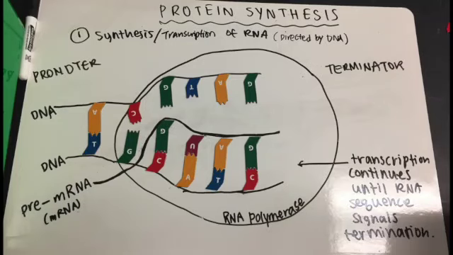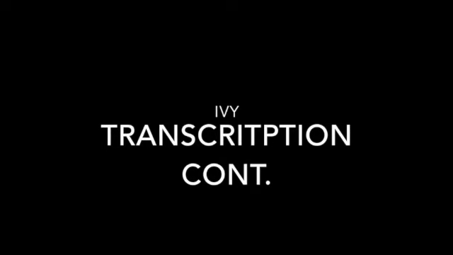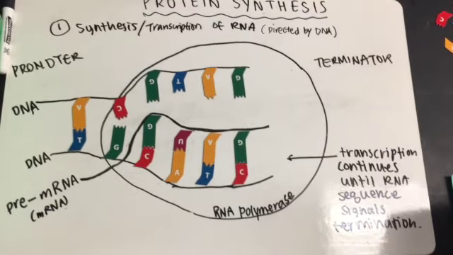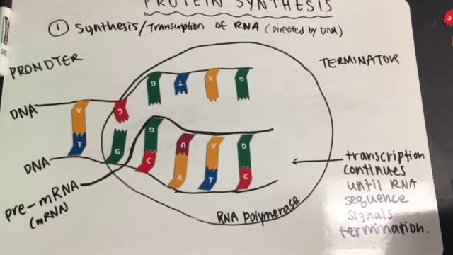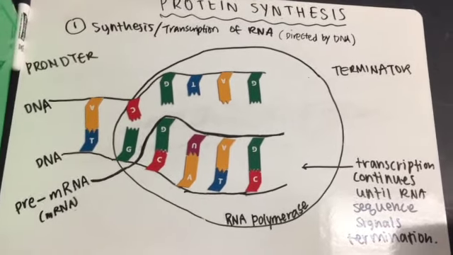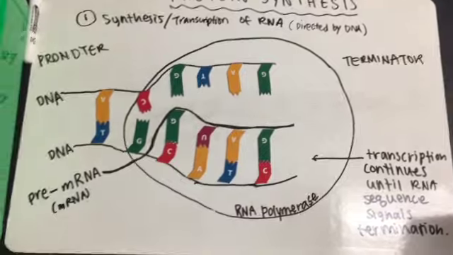The backbone of RNA, unlike DNA, is not composed of deoxyribose, but rather the sugar ribose. RNA transcription continues until the terminator signals the end of transcription, and then the pre-mRNA goes on to RNA splicing.